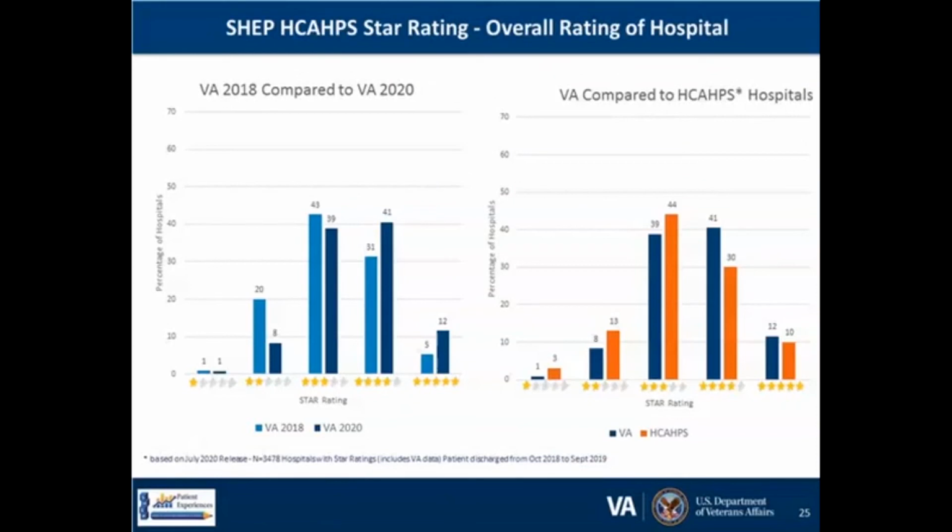And again, here we see the same pattern with the overall rating of the hospital, where VA has a higher percentage of 4 and 5-star facilities in 2020 than we did in 2018. And again, compared to the community, VA does have more 4 and 5-star facilities.